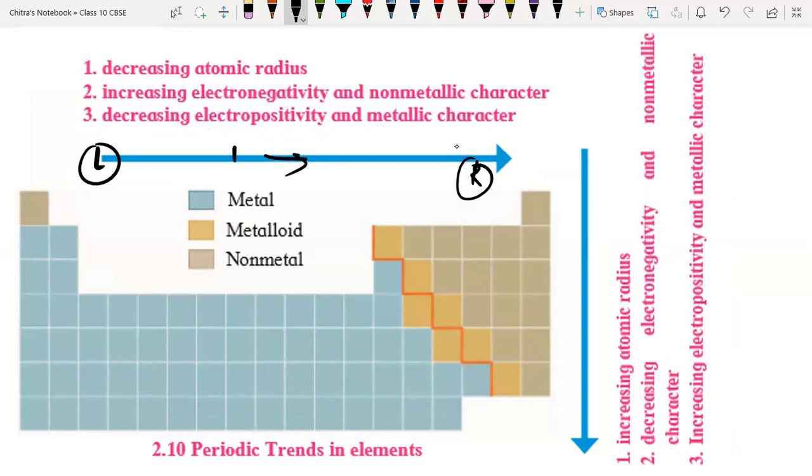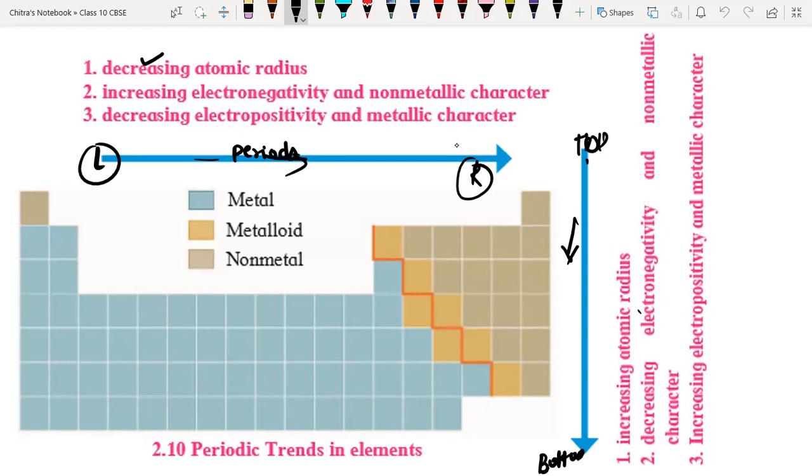And when we are moving top to bottom, it is along the group. First we discuss the period. When we are moving left to right along a period, atomic radius decreases due to increase in force of attraction. Is it?